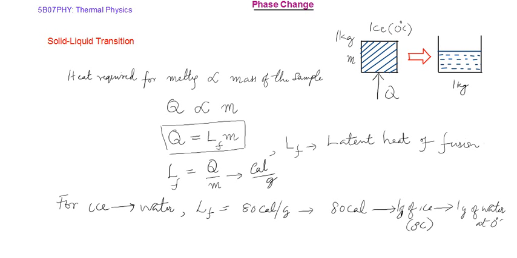So you are converting a block of 1 gram of ice completely into 1 gram of liquid water. For that you need to supply 80 calories.